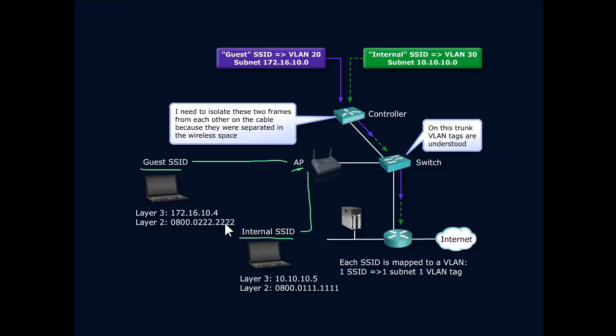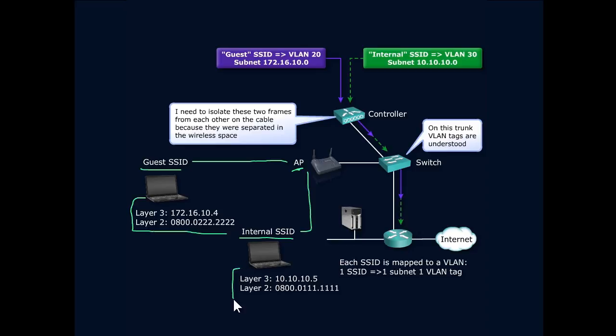A client joins the guest SSID, and therefore it will be assigned a layer 3 IP address that allows it to communicate locally with anything else on that same SSID. And it has to route to reach anything that is a part of a different SSID or really a different subnet, no matter where it is.